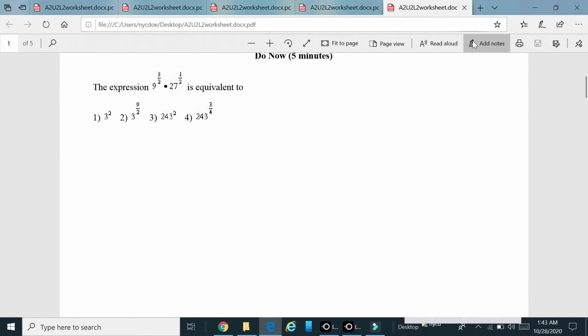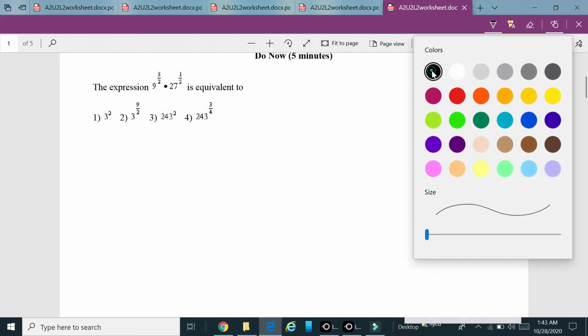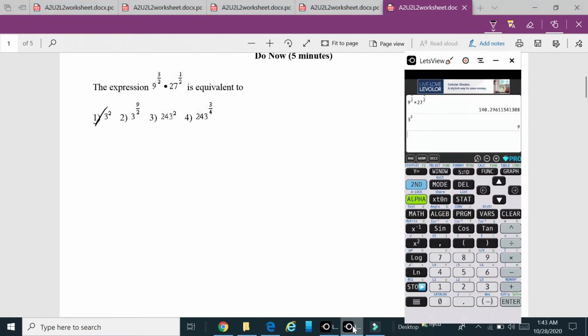Let me activate my pen. Choice 1 is definitely out. Pick up the calculator. Okay, so now my next choice is 3 to the 9 over 2. So again, you go to 3 right there. You punch in 3, and then you hit that little arrow again.